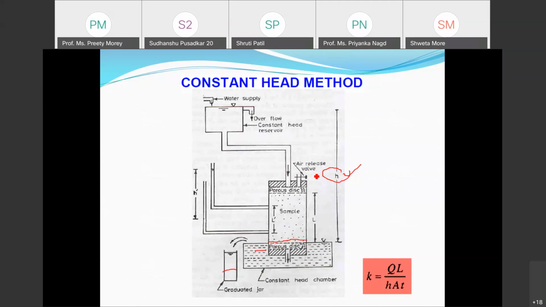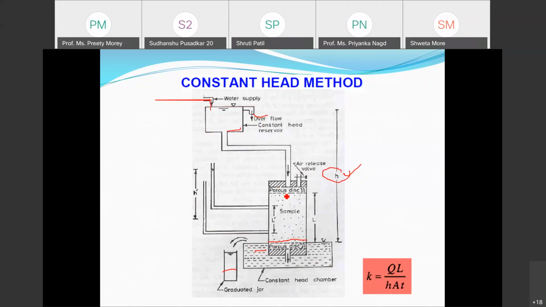How will I make it constant? There are different approaches. One approach shown here is an overhead tank. This overhead tank is filled with water, and tap water is continuously flowing into it. Any excess water will flow out through the overflow.